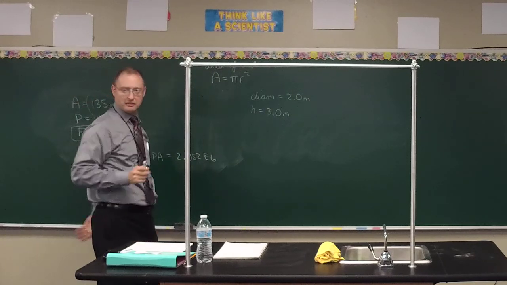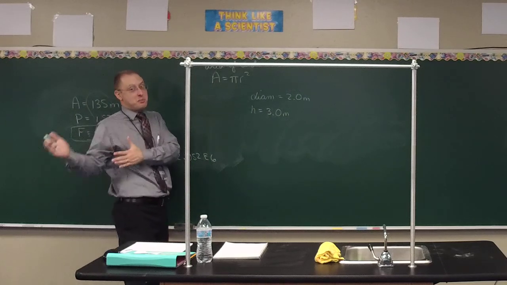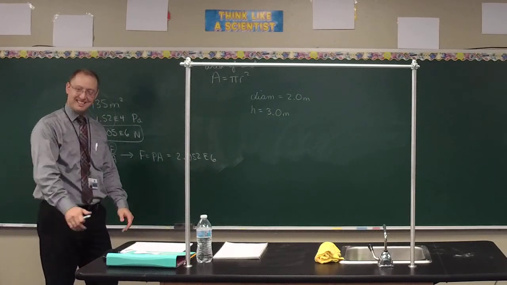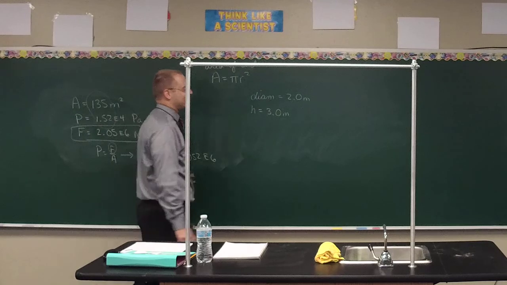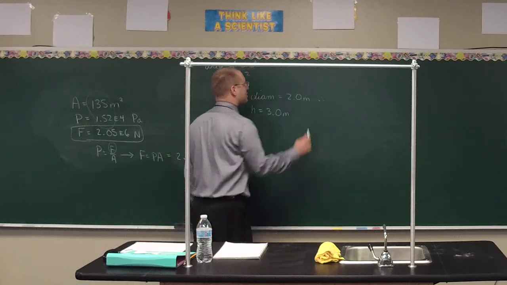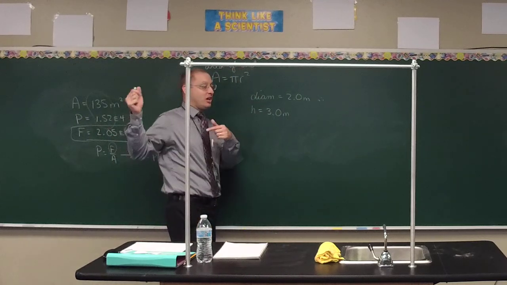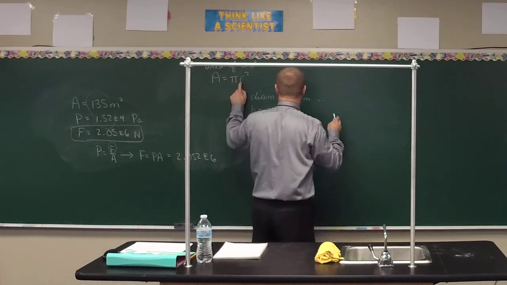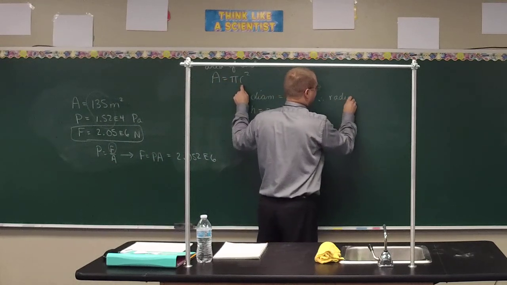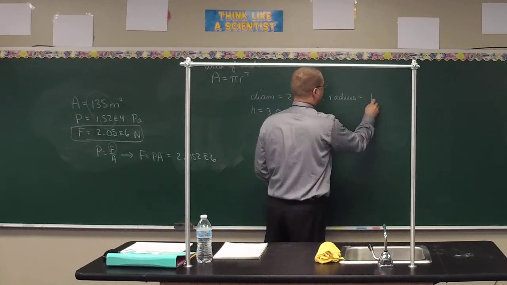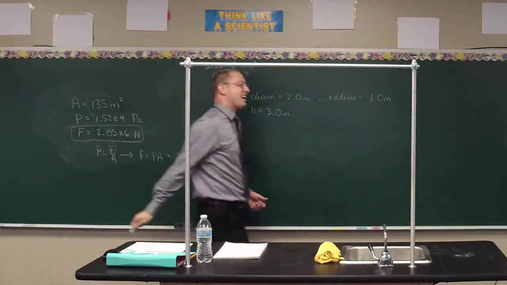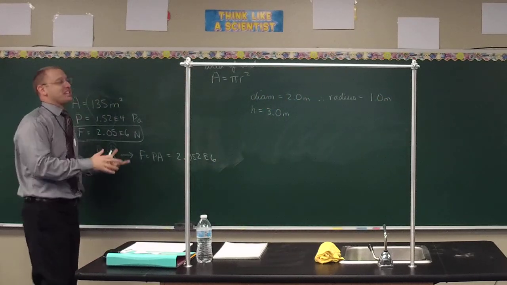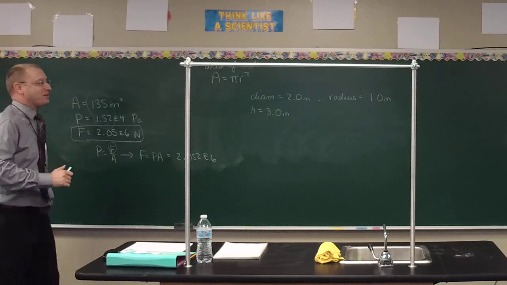Diameter ain't in there. What else should we remember from junior high? If the diameter is 2 meters, then that means that the radius is 1 meter, okay? Yeah, radius is half a diameter, something else they expect that we would remember from our junior high days.